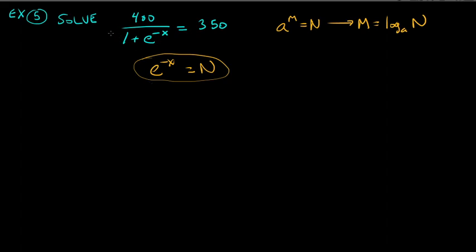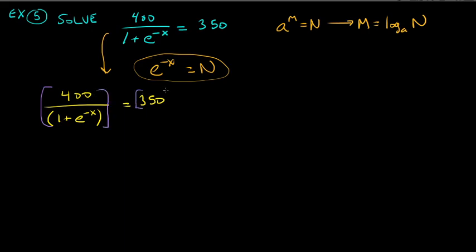So that's going to involve a lot of algebra. So let's do that. The first thing I would do is notice that this is a fraction: 400 divided by 1 plus e to the negative x equals 350. So why not just get rid of the fraction?